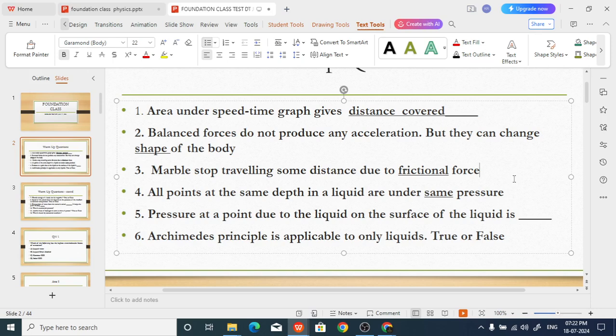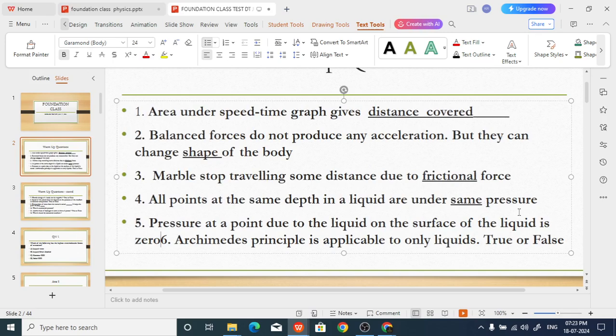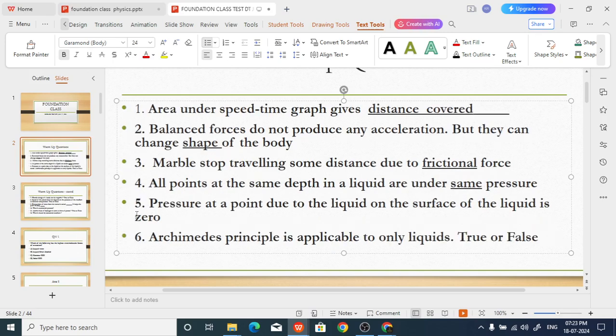On the surface of the water, H will be 0, no? What will be the height? 0, sir. So obviously pressure is also 0. What is the formula for pressure in a liquid? So at a point due to the liquid on the surface of the liquid, it will be 0.